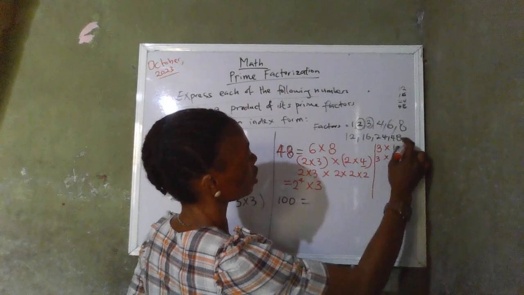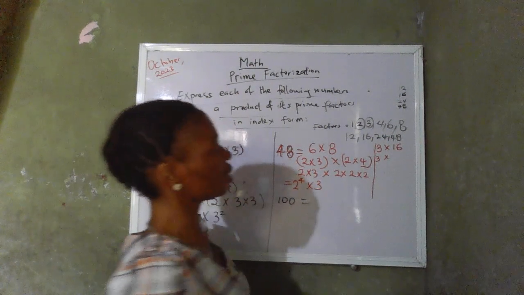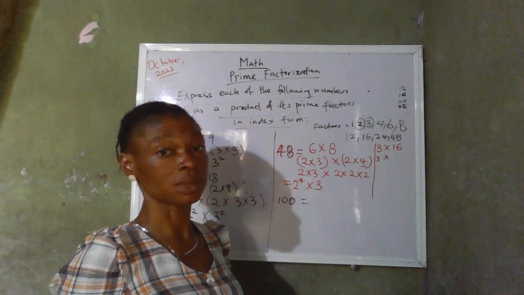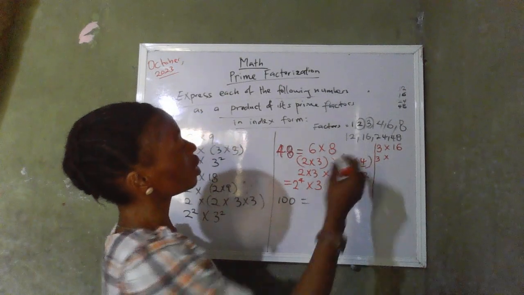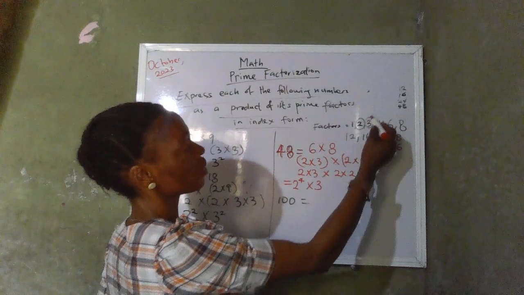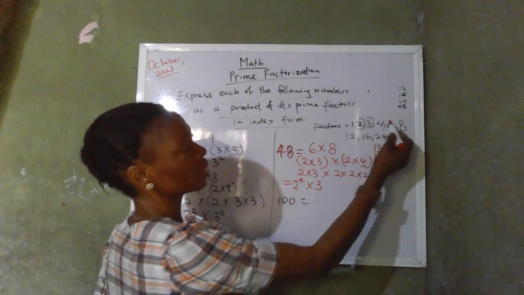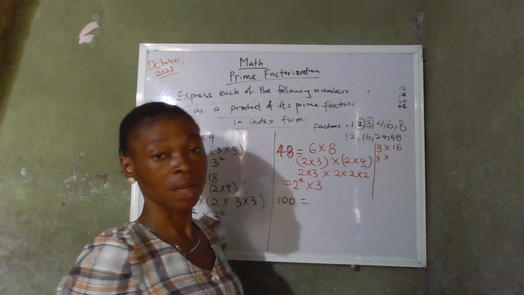So 1 multiplied by 48, 2 multiplied by 24, 3 multiplied by 16, 4 multiplied by 12, and 6 multiplied by 8 gives us 48.